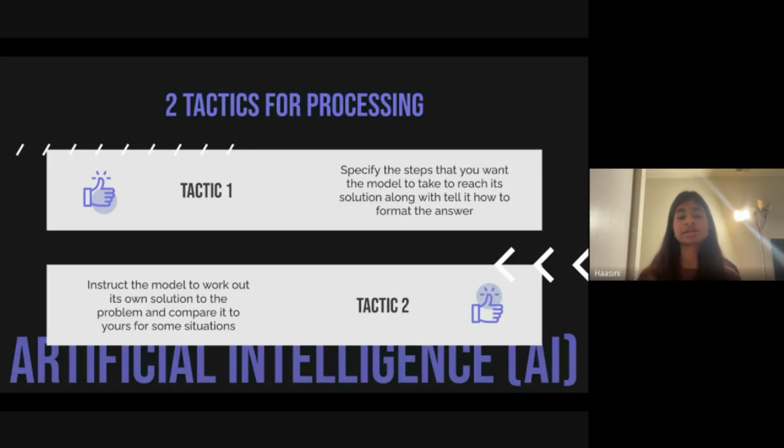You should instruct the model to work out its own answer before looking at yours, because sometimes it'll look at yours and assume the answer is correct. So you want to make sure it thinks out its own answer before comparing it to yours, so that way it knows that it's reasoned through all of the steps, and you have the correct comparison.